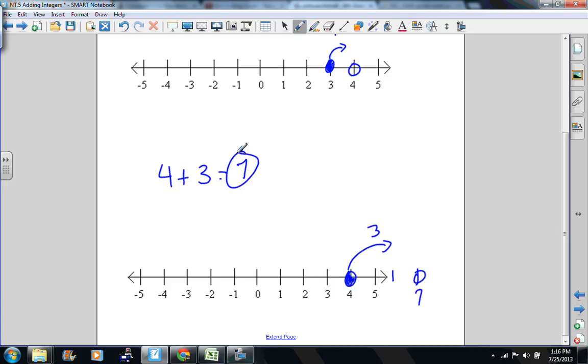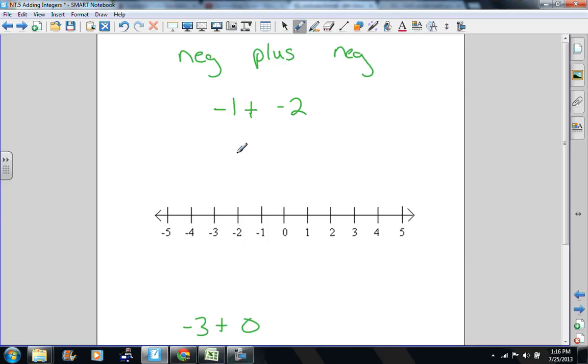Now that's all easy, but we're going to have some negatives mixed in, and it doesn't actually change how we do the problem, it just changes how it looks. So if we have a negative plus a negative, what we want to do is look at these two signs in the middle. Now we can't have a positive and a negative together.